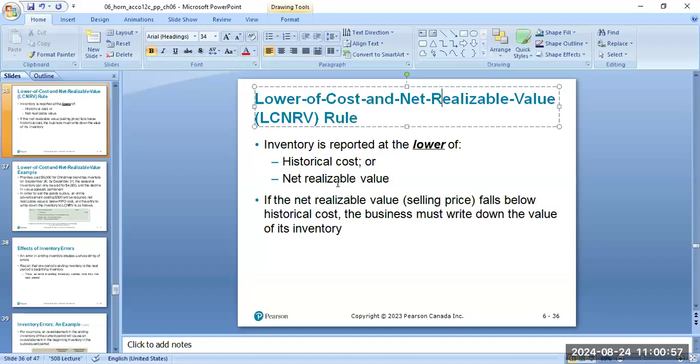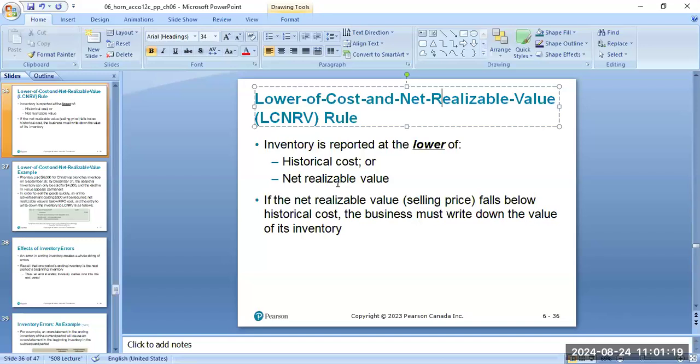You have inventory of 100 cell phones, which you purchase, and they come with the freight and insurance and everything. Final cost for you is $800. You're selling them for $1,000.